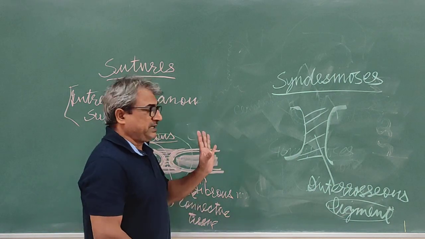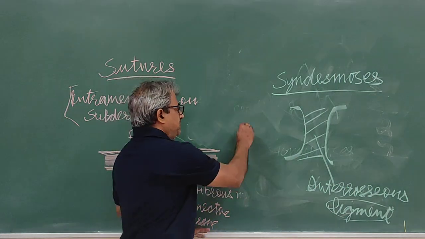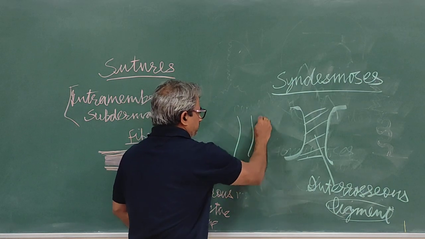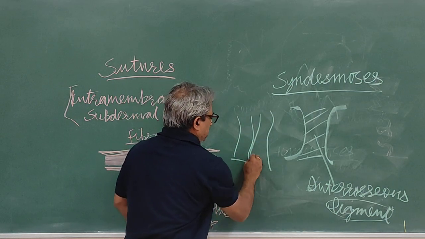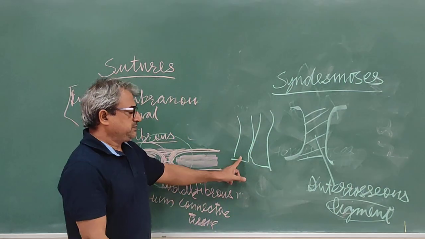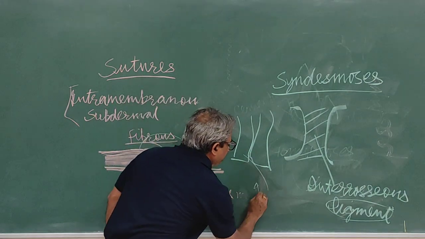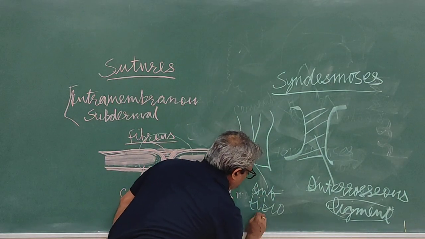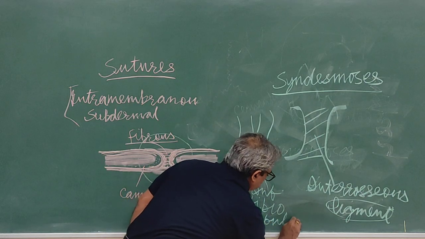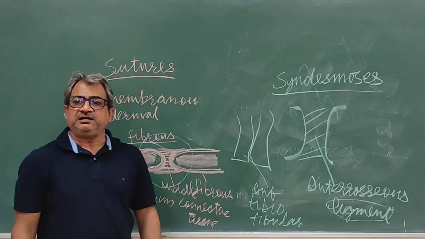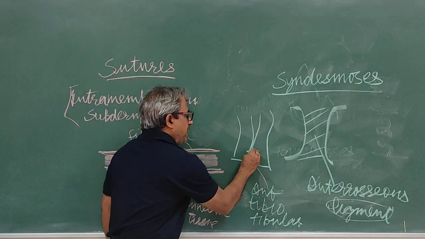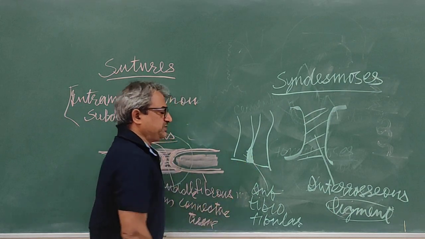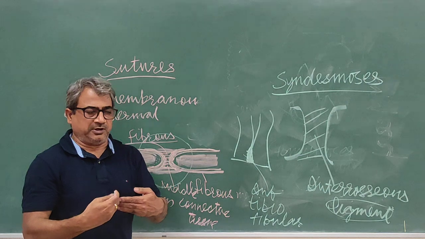Originally, when this classification was devised, on the lowermost side, this one is the inferior tibiofibular joint, having that ligament between the two bones, which is the interosseous ligament, as we now call it.